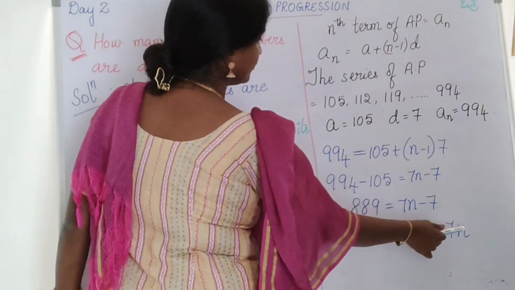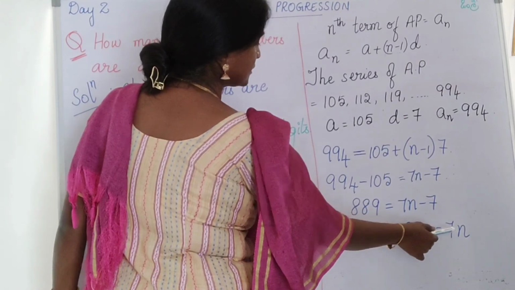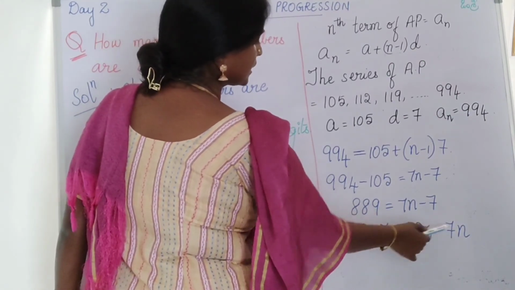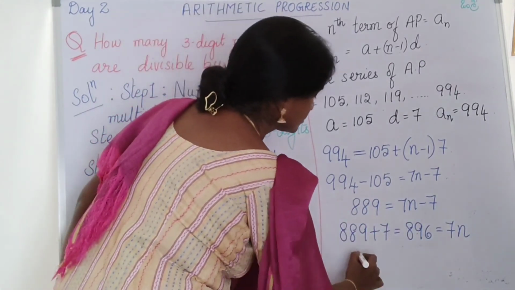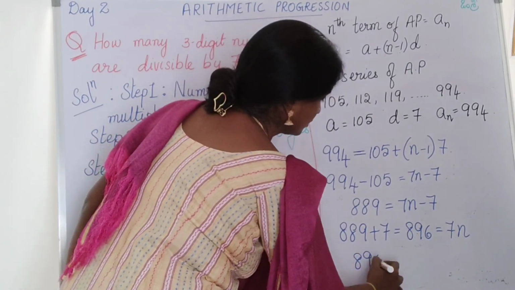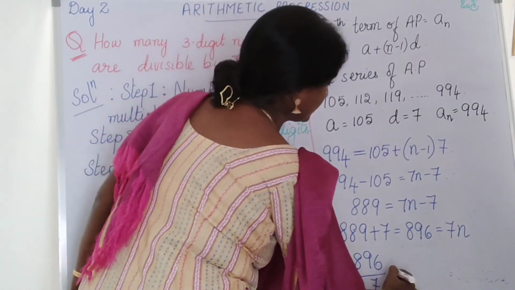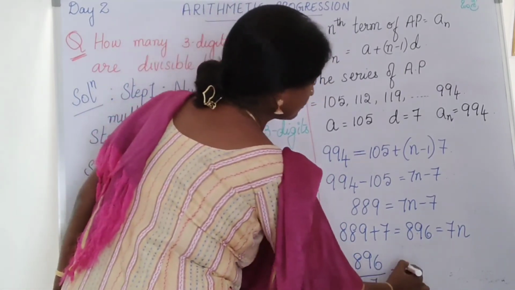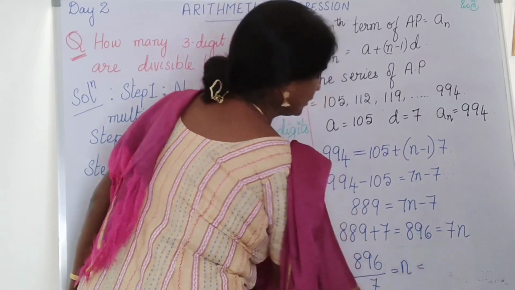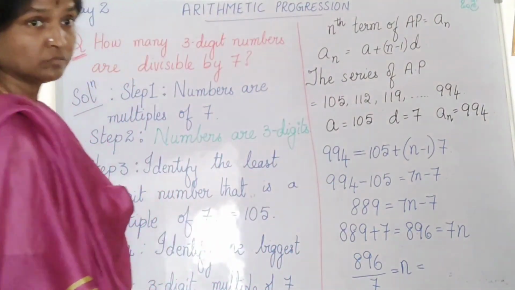And when this coefficient of n is transposed to LHS, it becomes division. So you need to divide this number 896 by 7 to get the value of n.